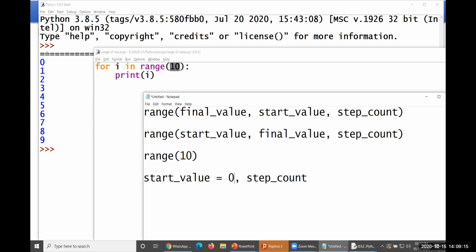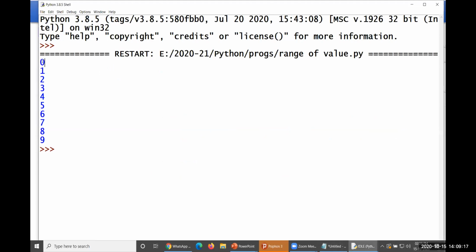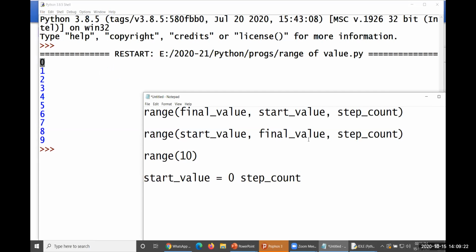That is why you got the 0 here. Look at this. You got 0. Why? The start value has been assigned 0. And the step count, by default, has been assigned 1. So that is why 0 plus 1, 1 plus 1, 2 plus 1, 3 plus 1, and so on. It has been produced something like this here.